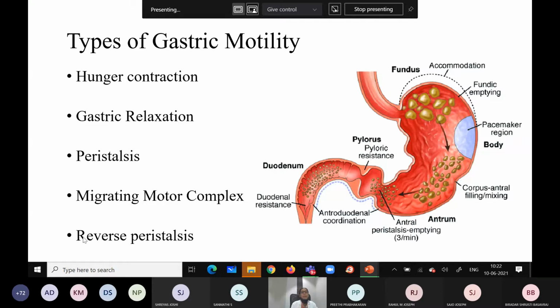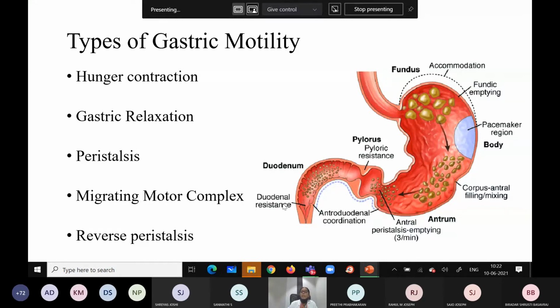Then we have the reverse peristaltic movements. These are not common or normal; they are abnormal. Whenever there is an obstruction in the pyloric region, or any other abnormality... Normally the peristaltic wave starts from the pacemaker in the body of the stomach and goes toward the anal region.